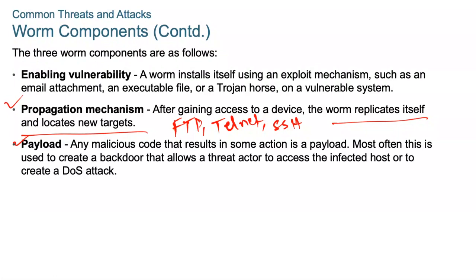The payload is any malicious code that results in some action. Most often this code is used to create a backdoor entry. The backdoor entry means once they gain access to the device, from next time onwards they become the legitimate user to access that server.